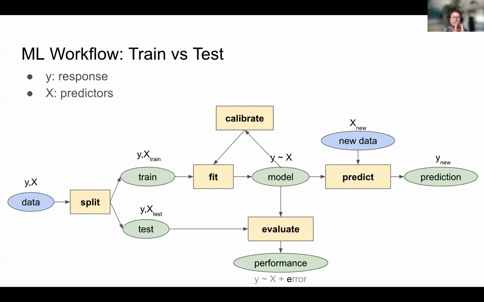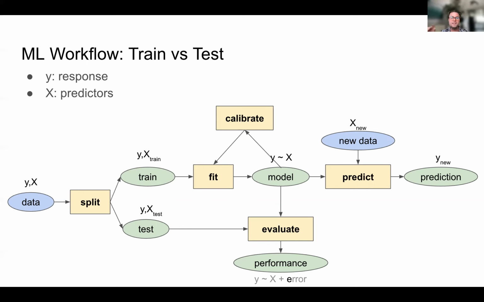That is your Y. So that is what you are trying to fit. And so when I do the Y tilde X, that tilde is saying in an R model formula that Y is dependent on X. So which X's are you going to use? And then Y is the present.